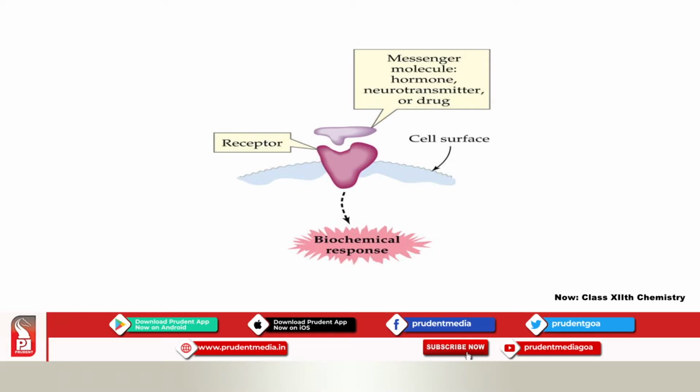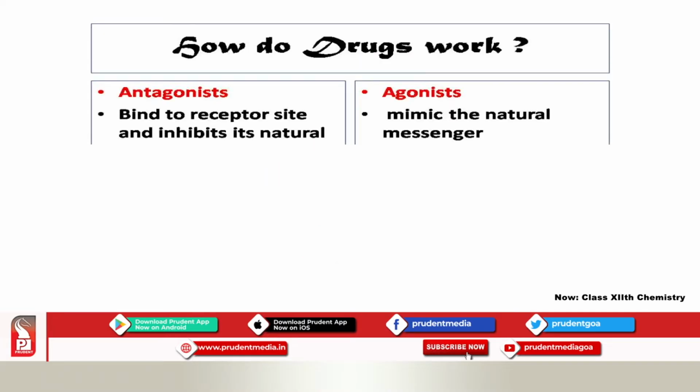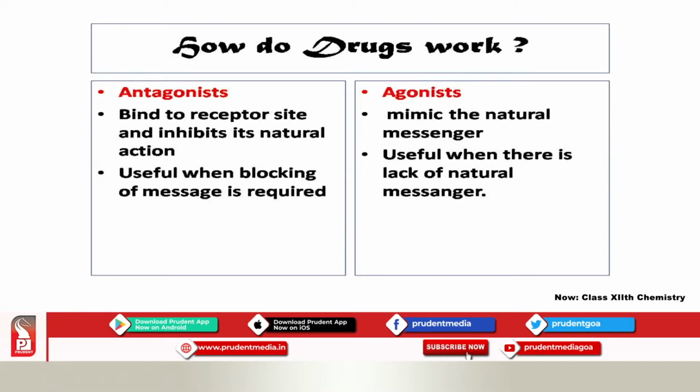To this, the binding molecule which is going to come, also called a chemical messenger or hormone or neurotransmitter, or a drug, can come and interact with this receptor molecule, and it will produce a biological response and induce a sense of well-being. How do drugs work? Drugs work in two ways, as antagonist or agonist.